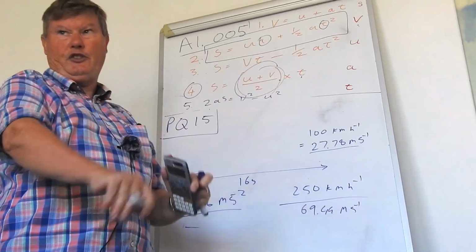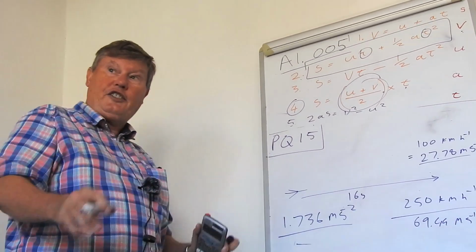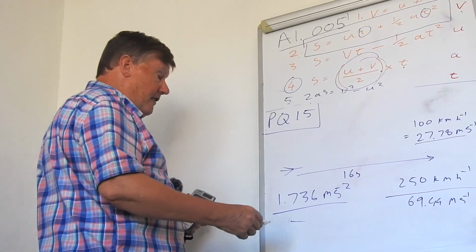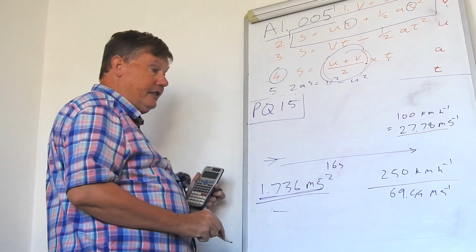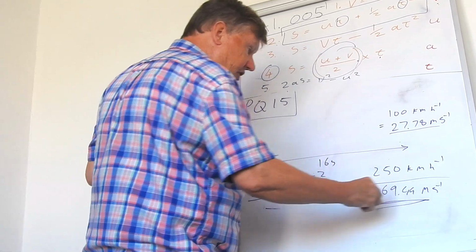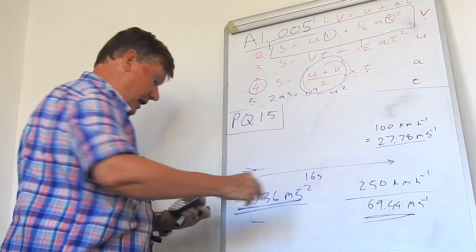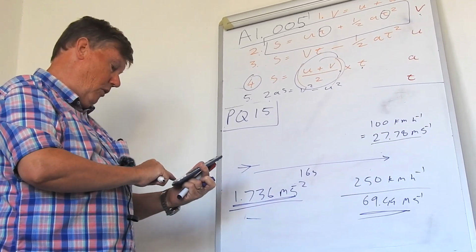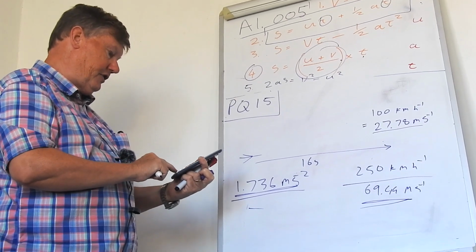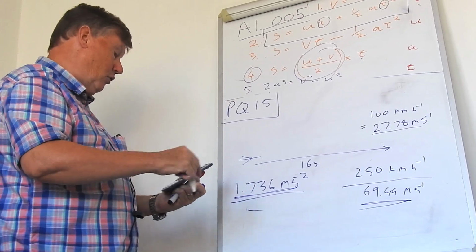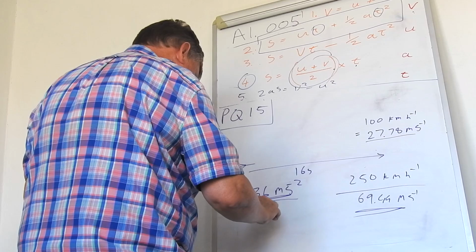So before I even look at the question, I can work out how long it's going to take, right? So if I'm accelerating at that rate and I want to achieve that speed, how long will it take? Divide that number by 1.736. It's going to take exactly 40 seconds.